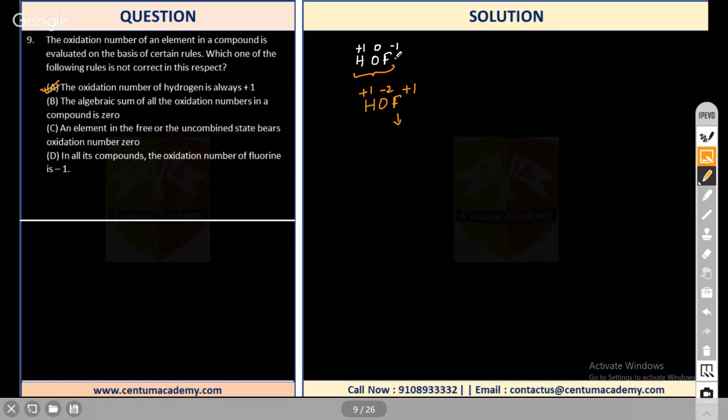The question itself says the oxidation number of an element in a compound is evaluated on the basis of certain rules. The rule says that fluorine, being the most electronegative element, always has oxidation number -1 in all its compounds. That's why we'll go with option A.